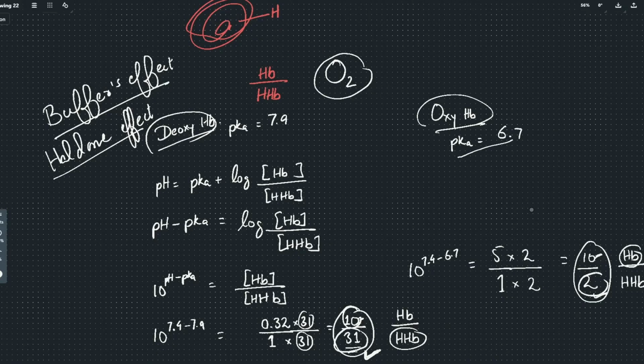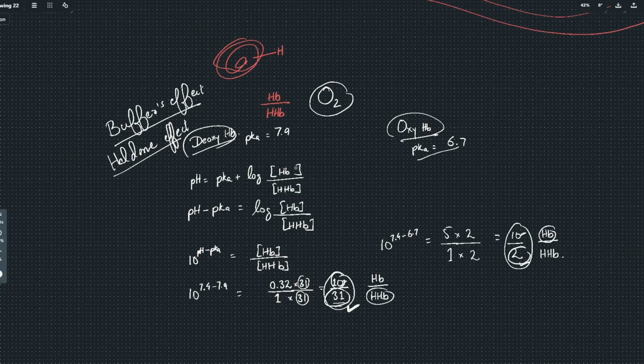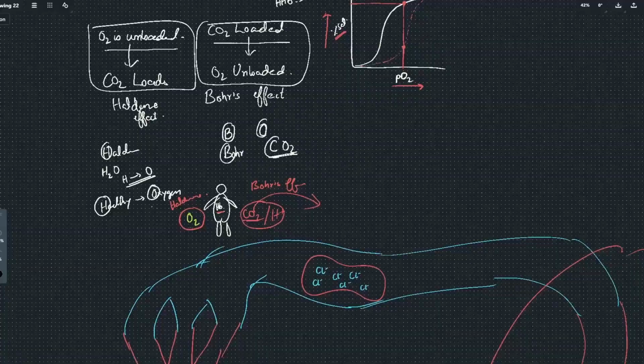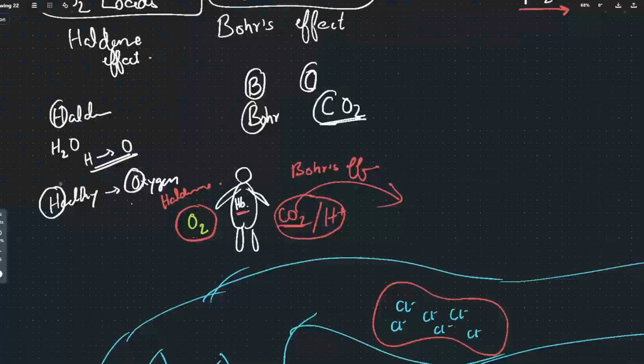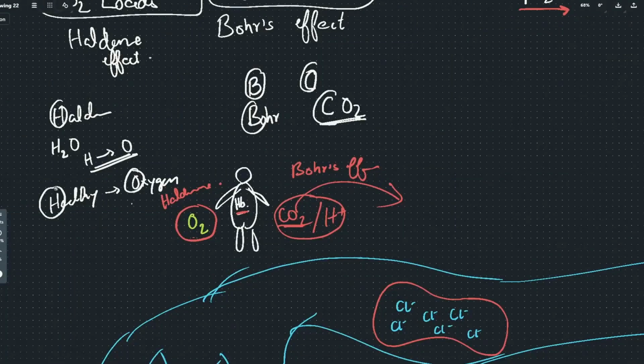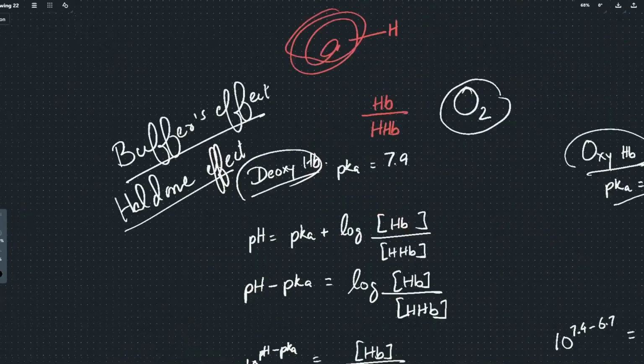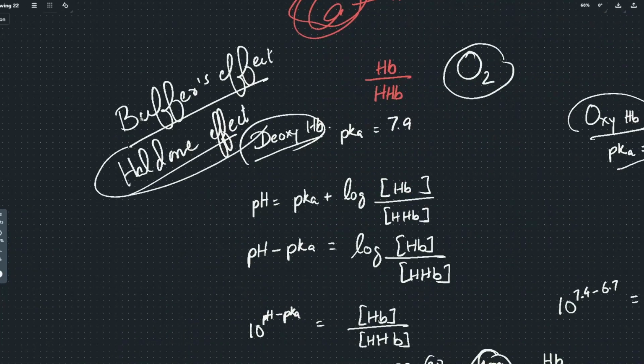It is loading or unloading the CO₂ depending upon the oxygenation status of the hemoglobin. So if it is related with oxygen, I told you here, H for oxygen, H for Haldane. So H is related with oxygen. So it is which effect? It is not Bohr's effect, it is the Haldane effect.